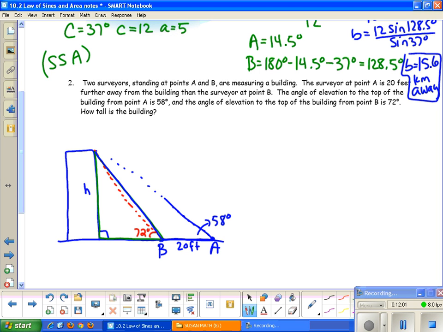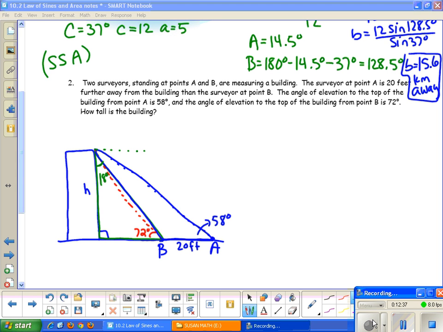There are a couple of different ways you can solve this problem. I'm going to solve this using this triangle and the one in green that I drew. Since I have a 90-degree angle and a 72-degree angle, I can figure out that this angle measure right here is 18 degrees, because remember, all the angles in a triangle have to add up to 180.